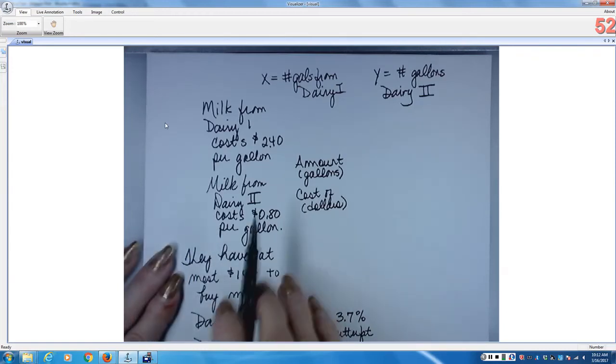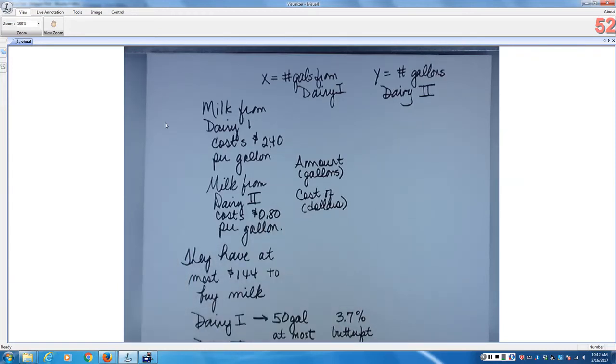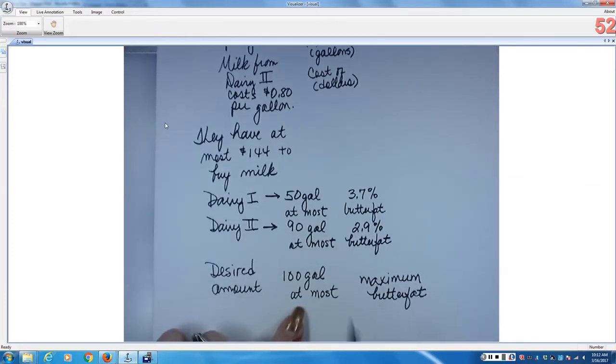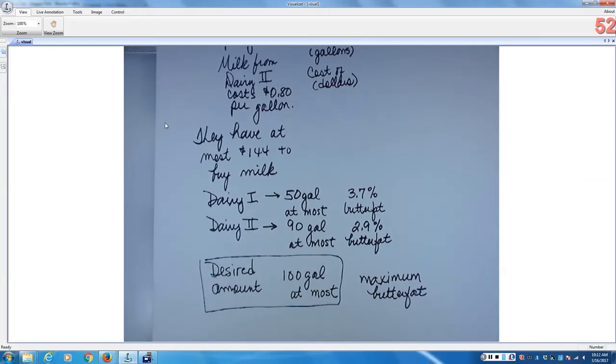So looking at the rest of the problem, come down here to the bottom and it says their desired amount is they want to buy at most 100 gallons of milk.